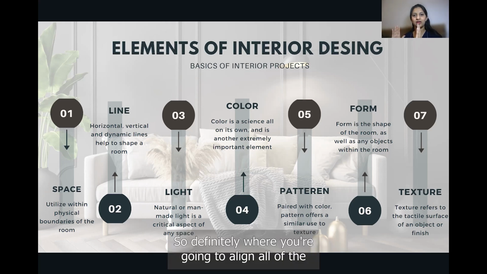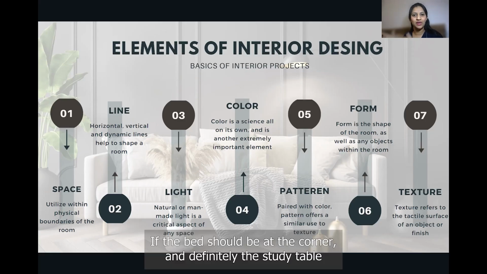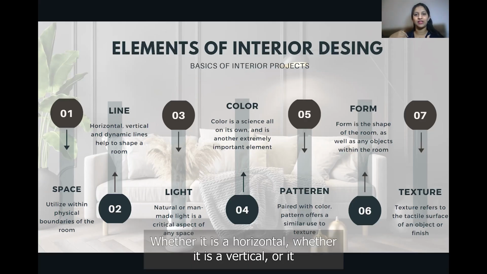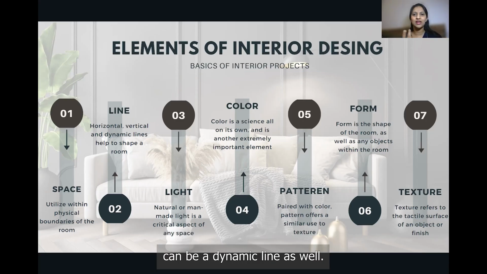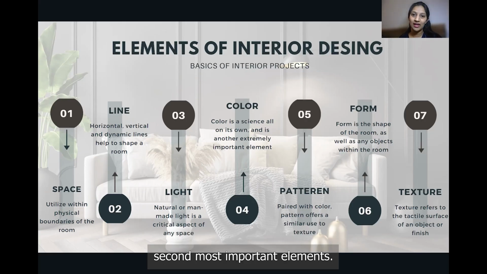So definitely where you're going to align all of the interiors matters. Should the bed be at the corner, and the study table or the wardrobe, whatever exactly the client's requirement is, that will have to be in line, whether it is horizontal, vertical, or it can be a dynamic line as well. That's what lining means, which is one of the second most important elements.